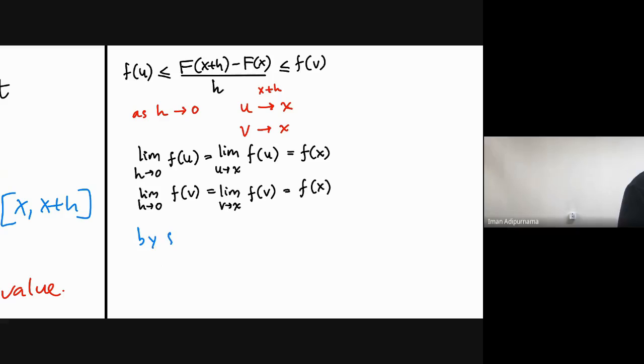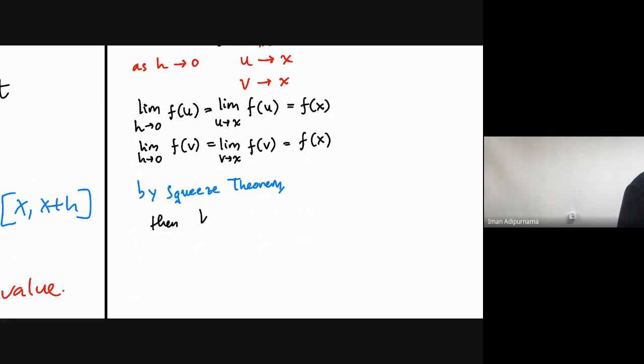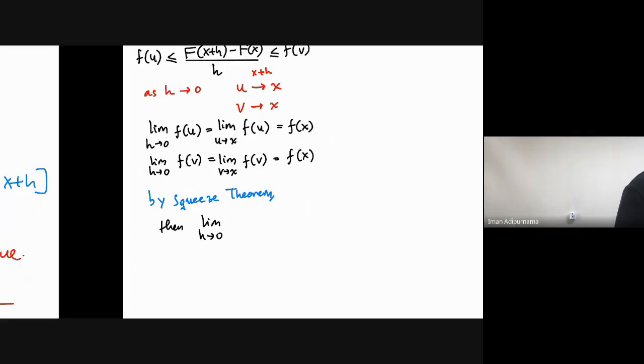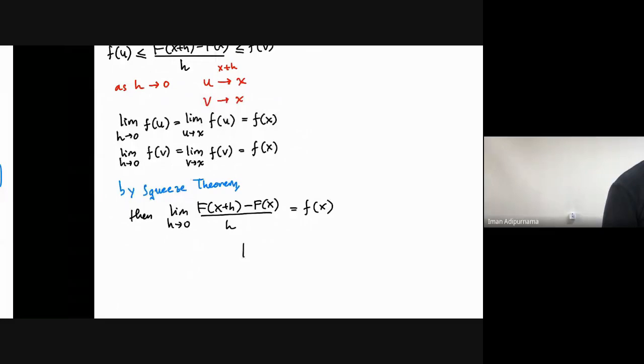And by the squeeze theorem, in the limit, the limit as h goes to 0 of f(x plus h) minus f(x) over h is f(x). So let me write this as f prime.